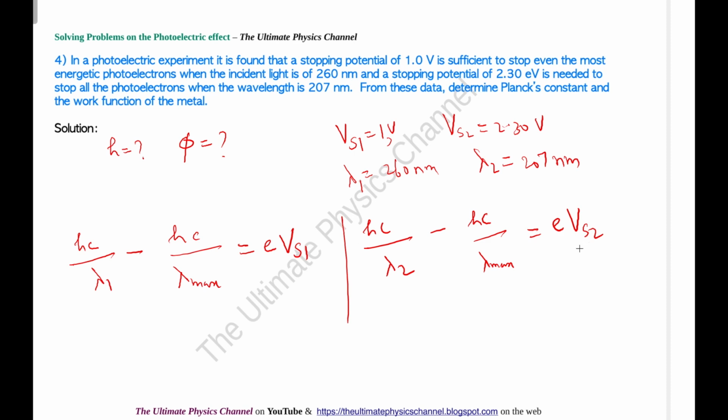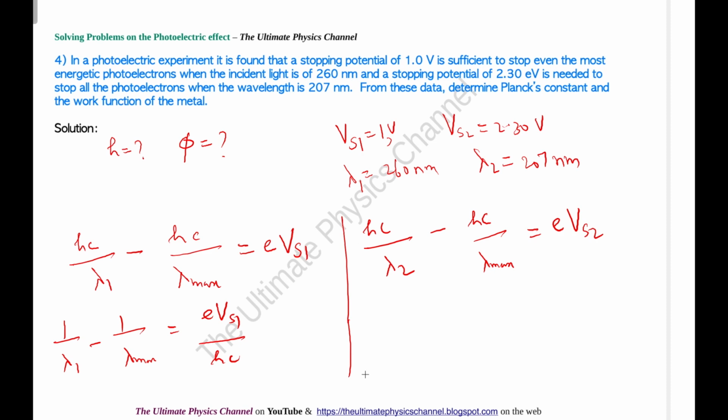Right, we need to calculate Planck's constant. So what we can do is, the first case here, let's say we take the hc to the right hand side, or divide the whole equation by hc. We get 1 over lambda 1 minus 1 over lambda max is equal to e V S 1 over hc.